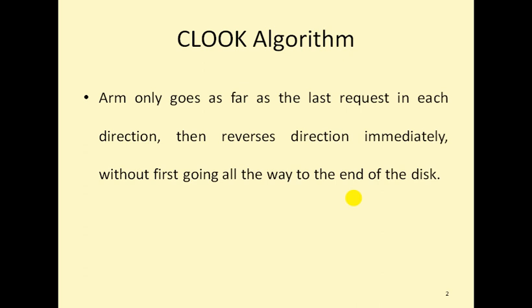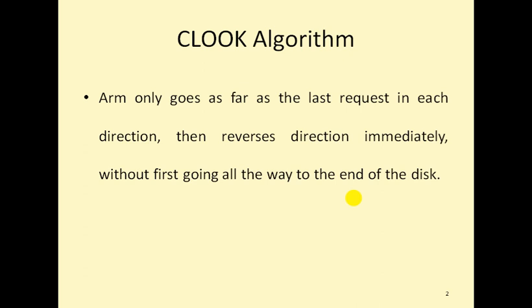But in the CLOOK algorithm, after visiting the last request in one direction, it reverses and directly goes to the last request in the opposite direction. From that point it returns and visits all the remaining requests. So that is about the CLOOK algorithm.